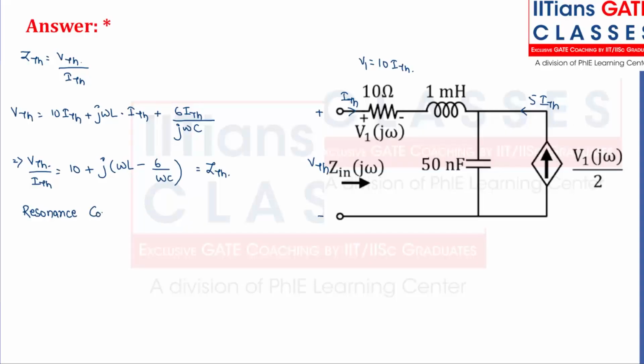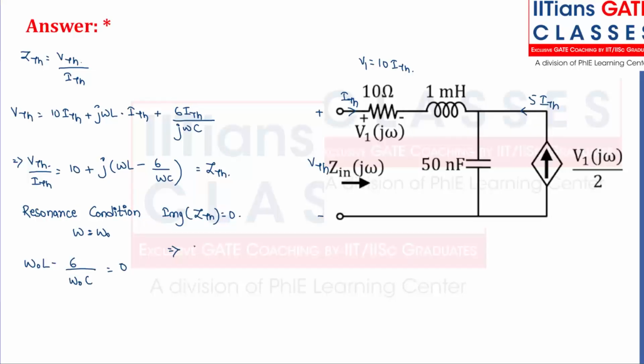Now, for the resonance condition, what we know is that the imaginary part of ZTH is equal to 0. Instead of omega, this becomes the resonance frequency omega naught. So omega naught L minus 6 by omega naught C is equal to 0.